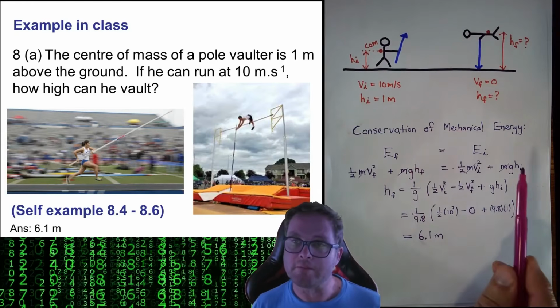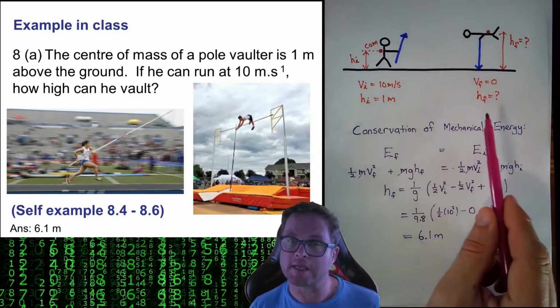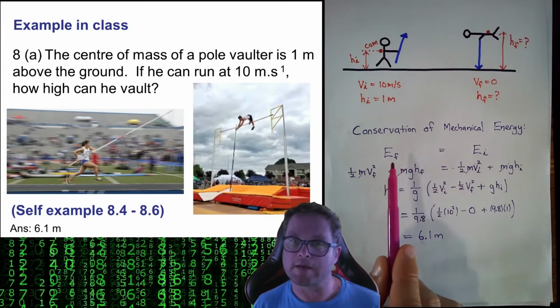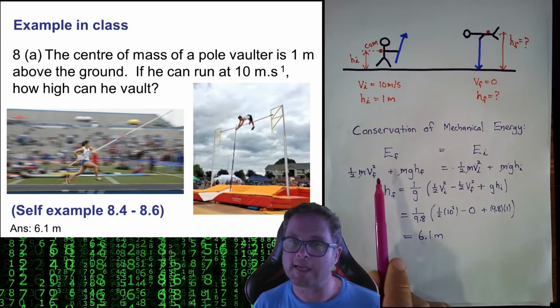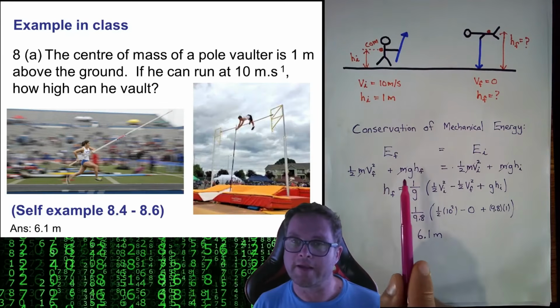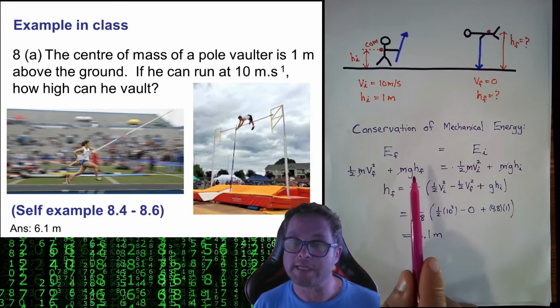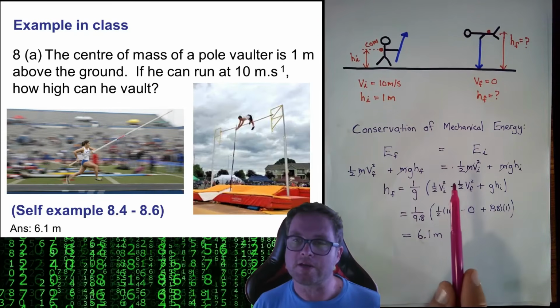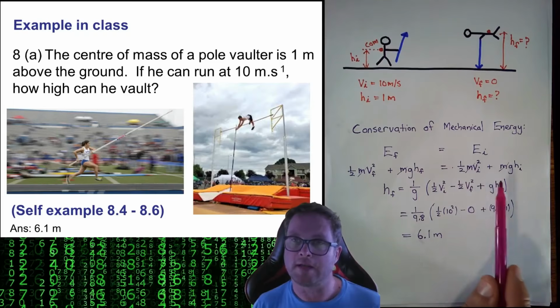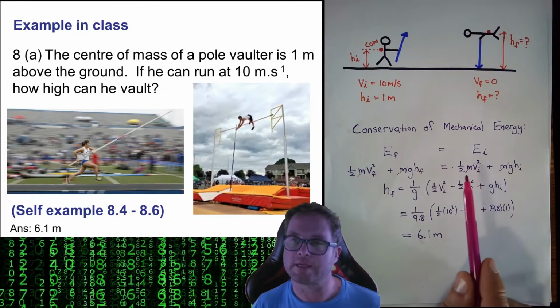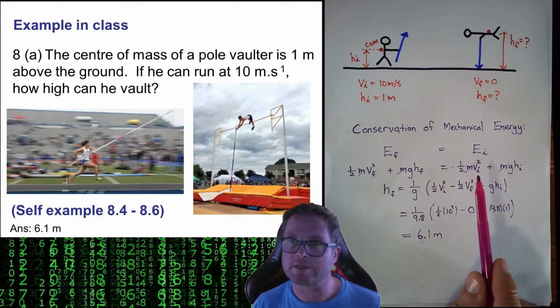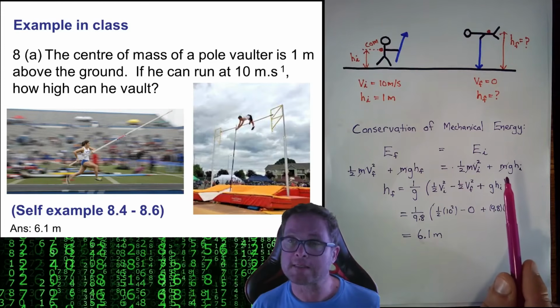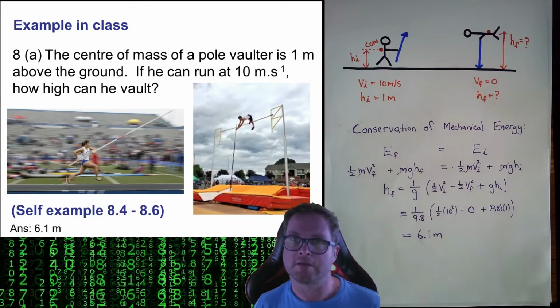The final mechanical energy, remember, is the sum of the kinetic energy and the potential energy. This is going to be equal to the initial mechanical energy, so we expand for the initial kinetic energy plus the initial potential energy.